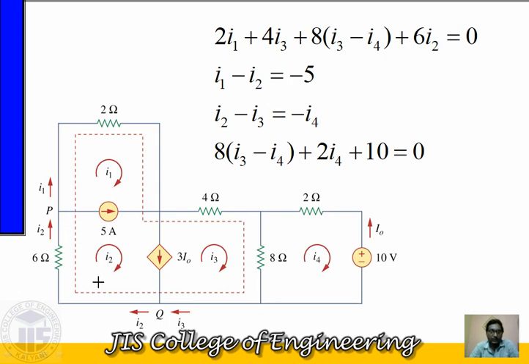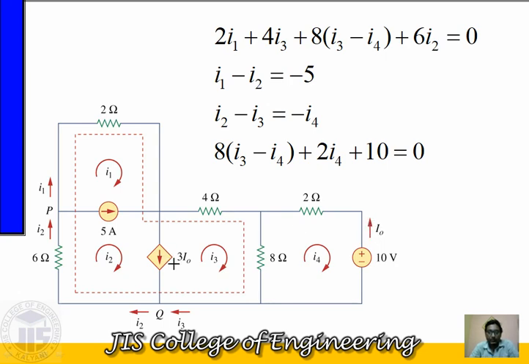Similarly, for these closed paths also, this is one current source and this is another current source. This is our dependent current source, a current dependent current source. It means the value of this current source depends on the value of I0, and I0 is the current at this place.